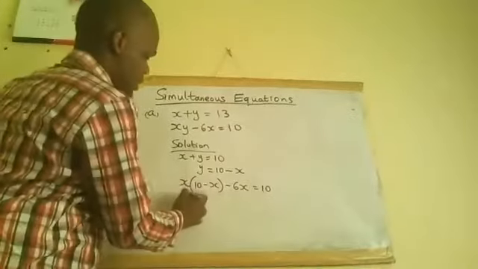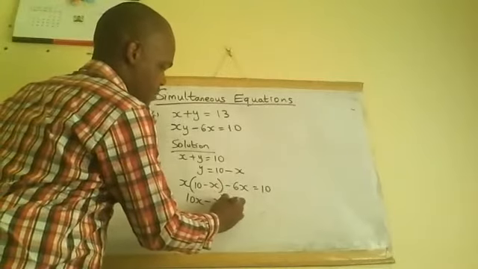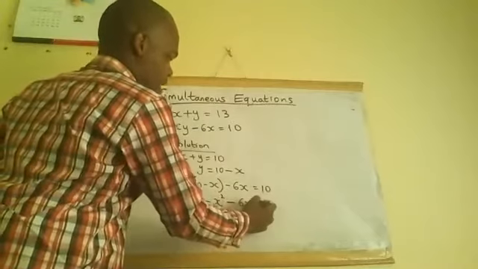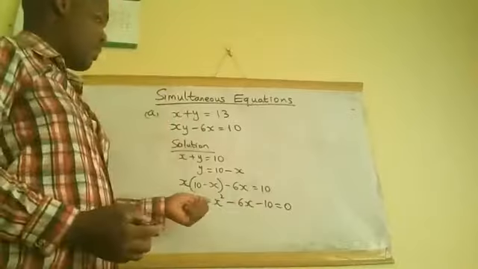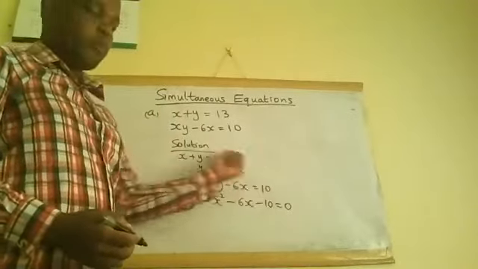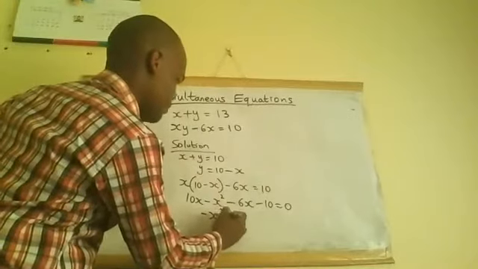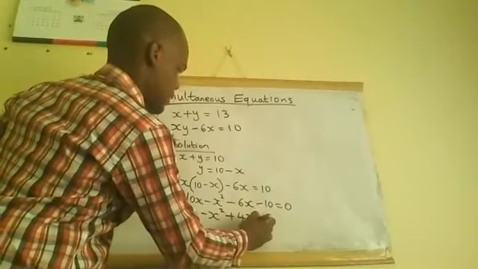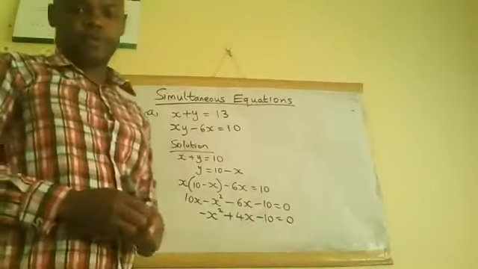So this is 10x minus x squared minus 6x. Then minus 10 is equal to 0. Remember, the 10, when you move to this side, it will be minus 10. So this is minus x squared plus 4x minus 10 is equal to 0.